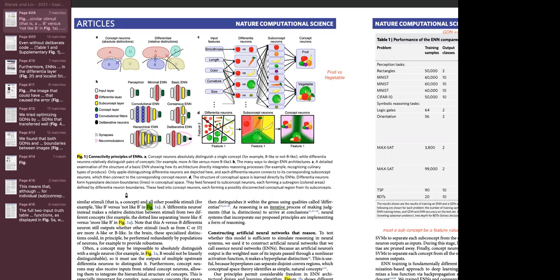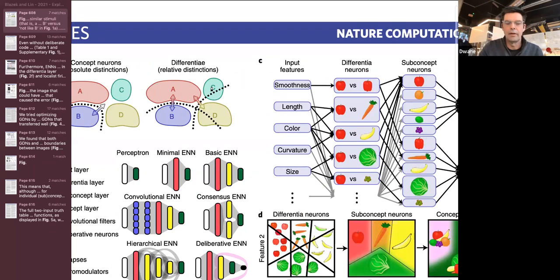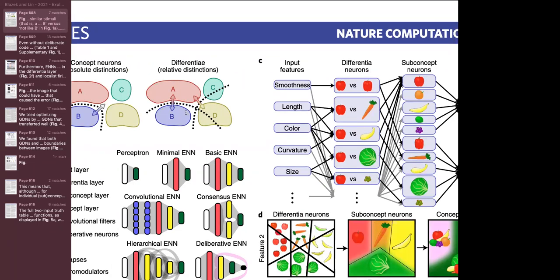I would have one question. So right now we have these differentiator neurons, which for each concept compare against all the other concepts, right? Yes. So would we expect that this scales quite badly? So if we have 100 concepts, suddenly we need, what, 10,000 of these neurons?